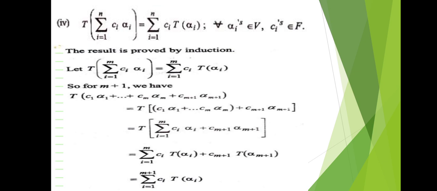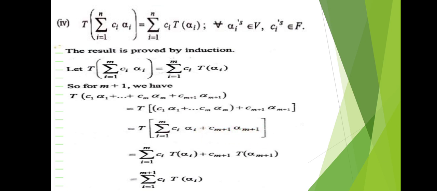Now we write C1 α1 + ... + Cm αm as T(summation i = 1 to m of Ci αi), and the remaining term Cm+1 αm+1 we write separately.